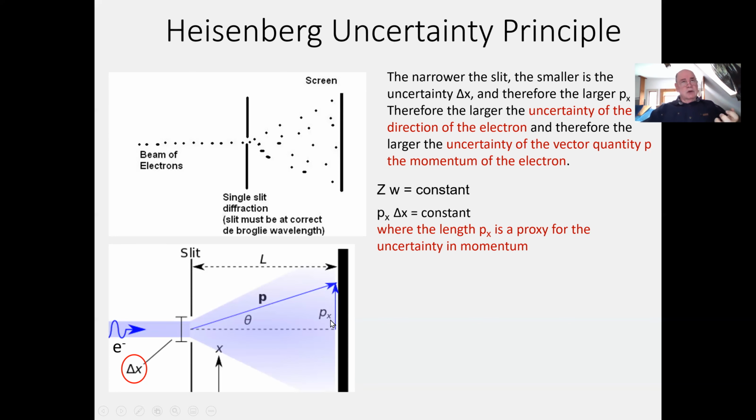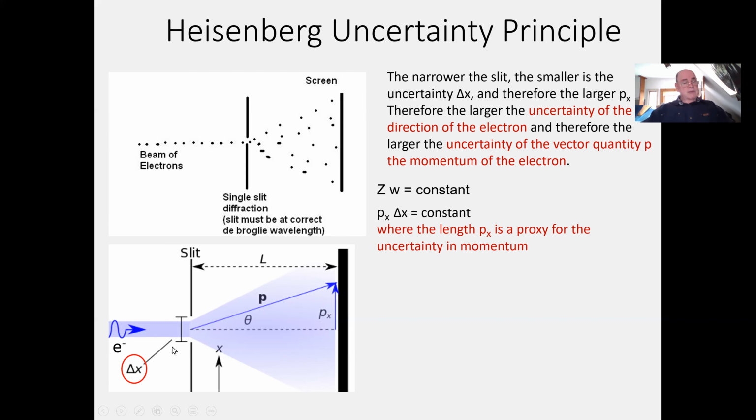So the Z number, which this diagram is calling P sub x, is capturing the change in momentum, the uncertainty of the direction in which the electrons will take as they go through the slit. And the width of the slit, the W, of course, is a measure of the uncertainty of the position of the electron, because we know it's got to get through the slit. So it's got to be someplace between here and here.